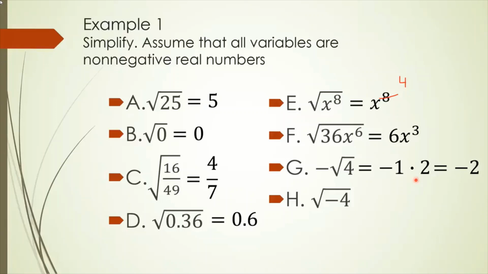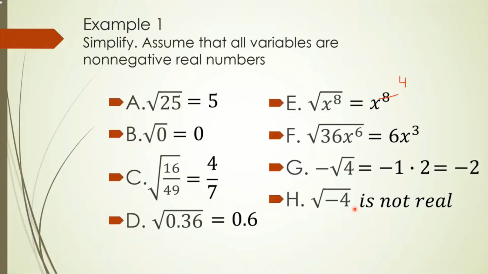Square root of negative 4 would be not a real number, because what times itself will give you a negative? You look at all the real numbers, and no real number would do that. Like negative 2, negative 2 times negative 2 gives you a positive 4, so that doesn't work. 2 times 2 gives you positive 4.